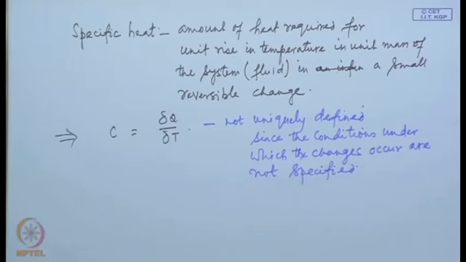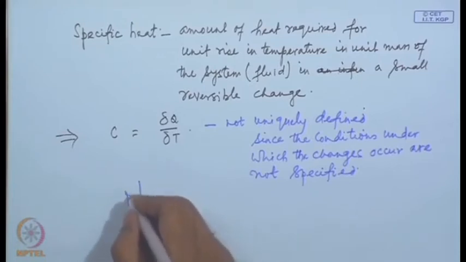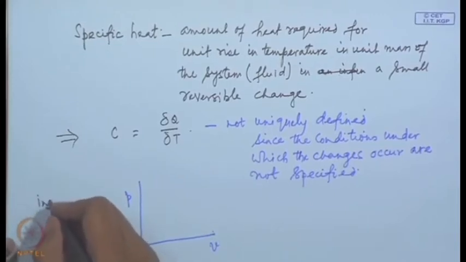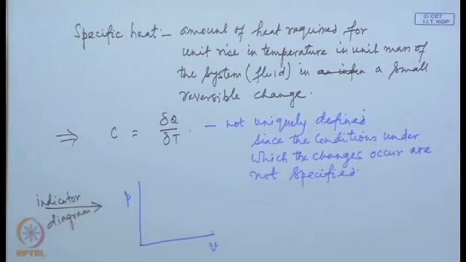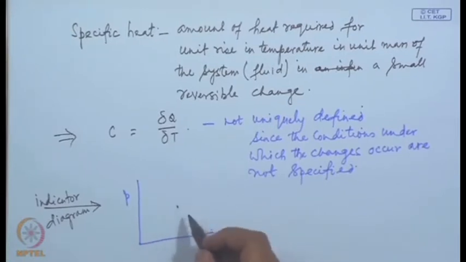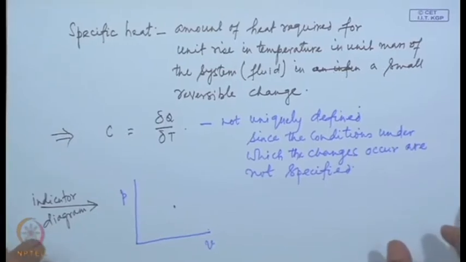We can explain this way, that a state of the system is just a point in the indicator diagram, say P V. A point represents a state, because in the indicator diagram a point fixes pressure and specific volume, and as we have mentioned earlier that for a pure substance, if we fix any two variables, then all other remaining state variables are fixed automatically.